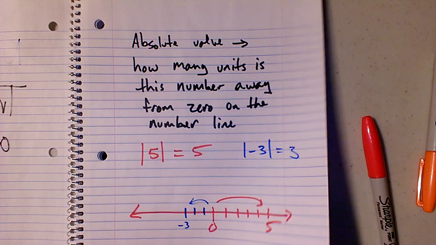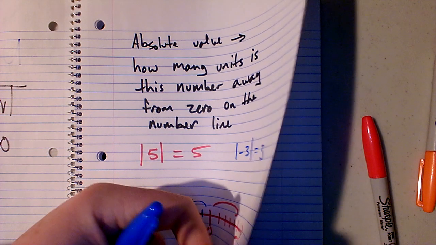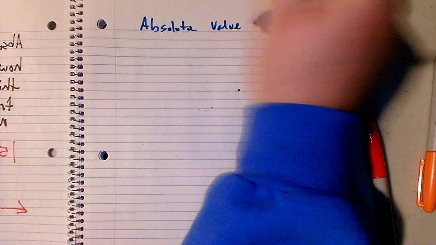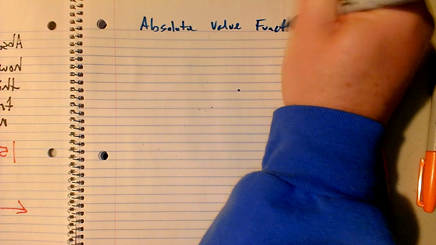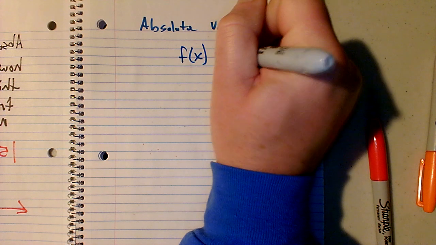Now, the absolute value function looks like this. f of x.